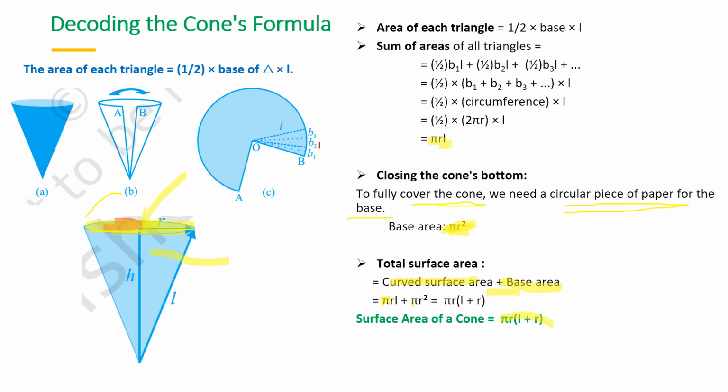Remember, this cone has two heights. One is the vertical height, the altitude, and one is the slant height. I'm talking about the slant height here. It means this height and not this height.